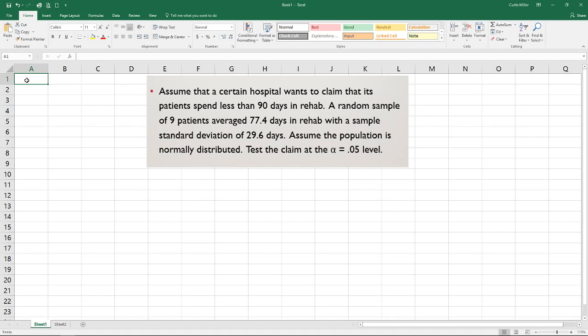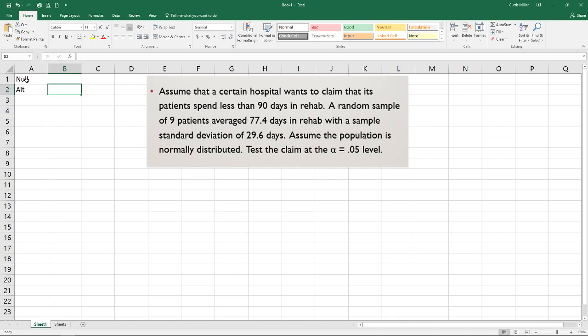Remember that the alpha value is the opposite of our confidence level, so our confidence level will be 0.95 or 95% confidence. To start our test, we'll always select a null and an alternative hypothesis. Our claim here is that patients spend less than 90 days in rehab.